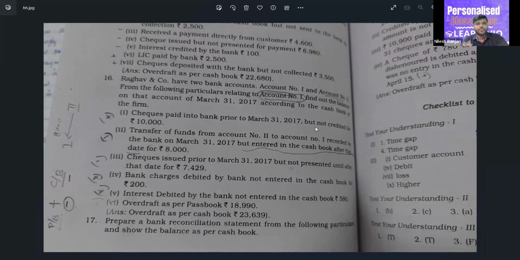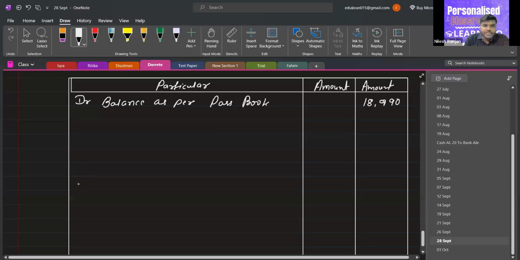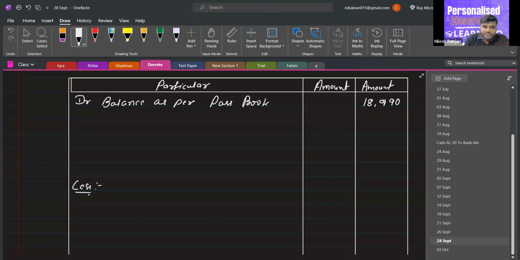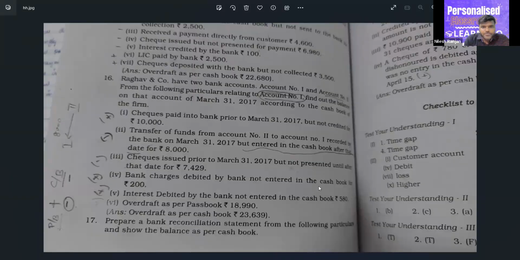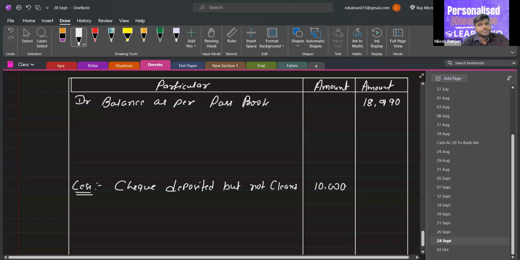Yes, sir. But the balance is negative, so it will be written in the less column. Is this clear? Check deposited but not cleared. The amount is 10,000. Is this clear?